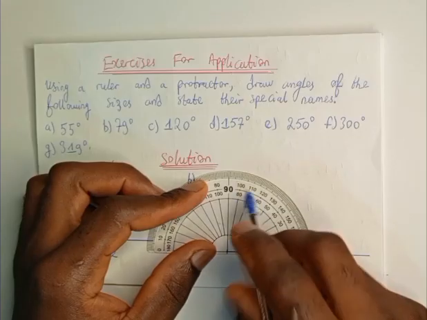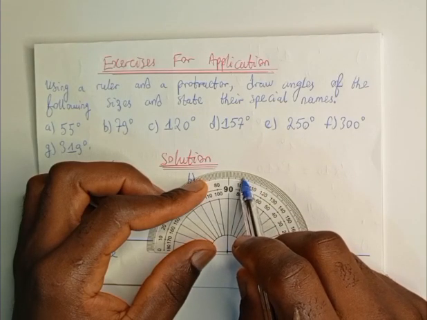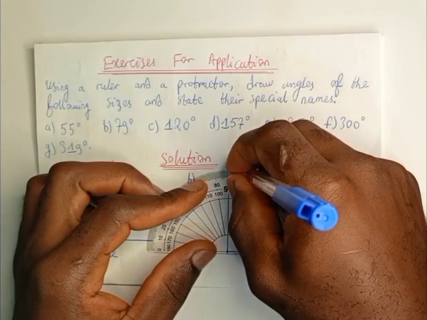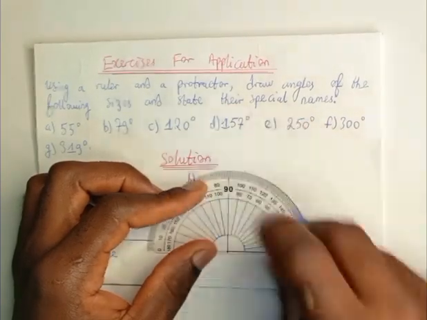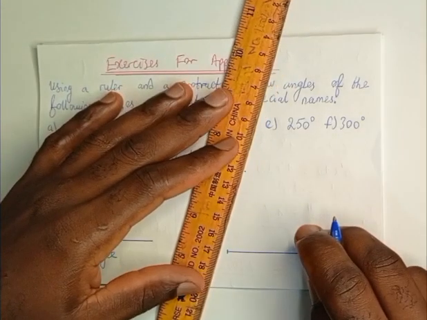79 degrees will be close to 80. We know there are 10 of these marks, so this will be 79. Put a dot here. Then we use our ruler. We connect the dot to the initial point.